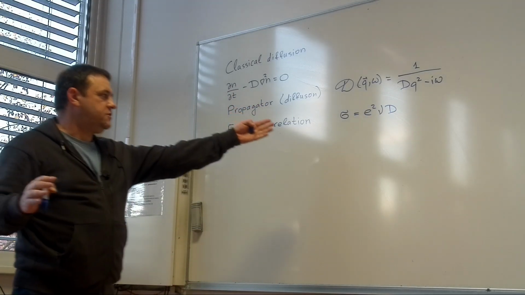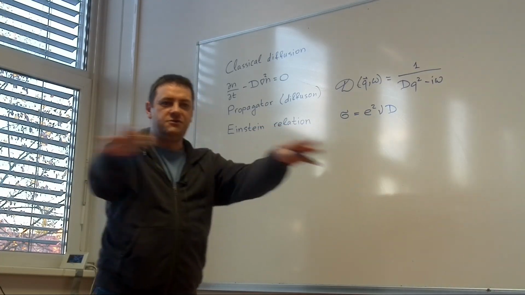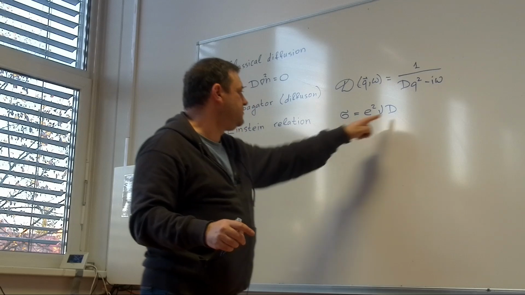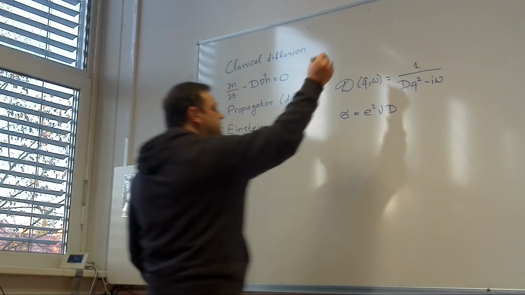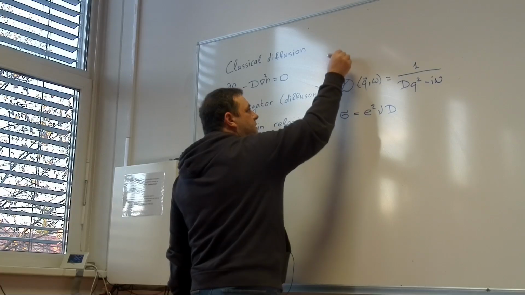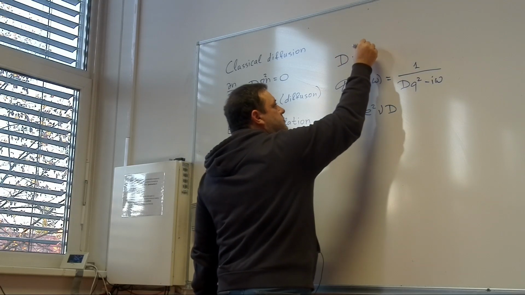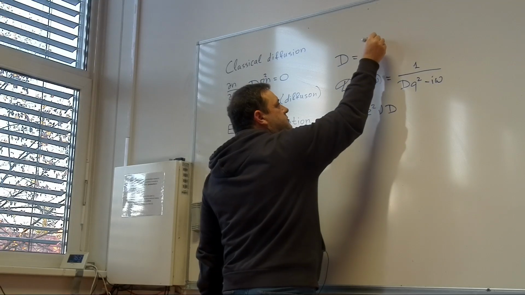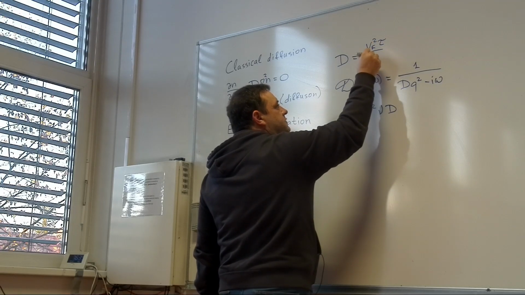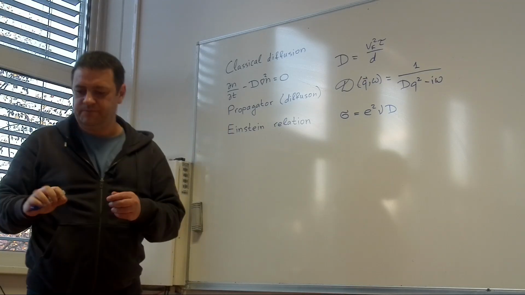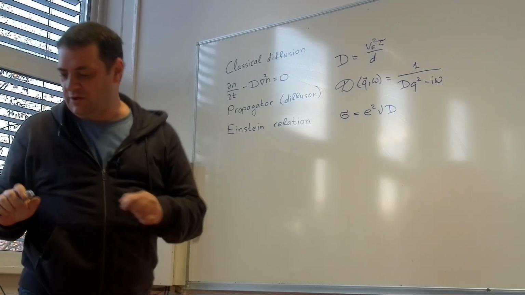So if conductivity in a metal happens because electrons can diffuse, this is how the conductivity is related to the diffusion constant. And we had an expression for this diffusion constant, which is Fermi velocity squared times tau divided by the dimension. So that's more or less all we had last time.